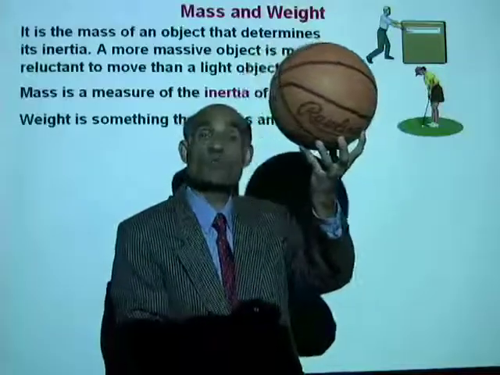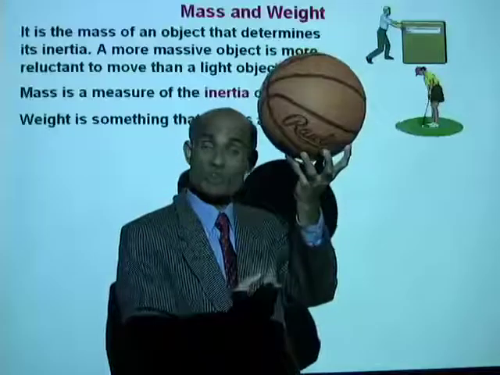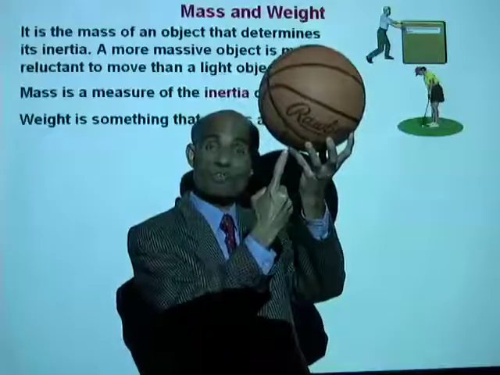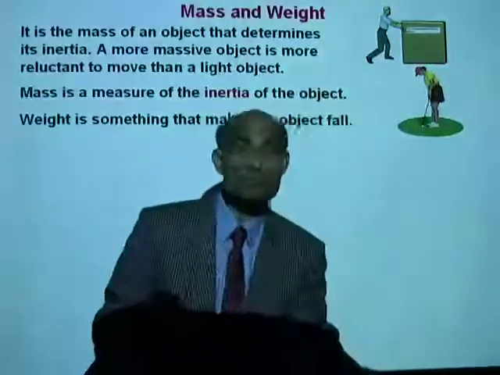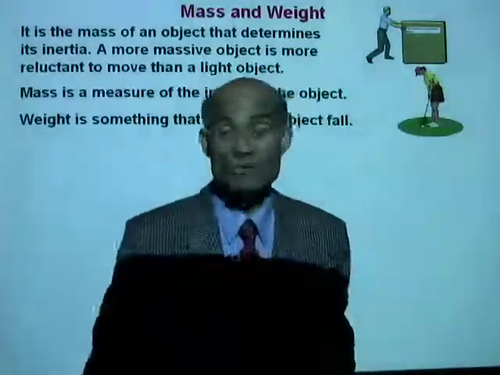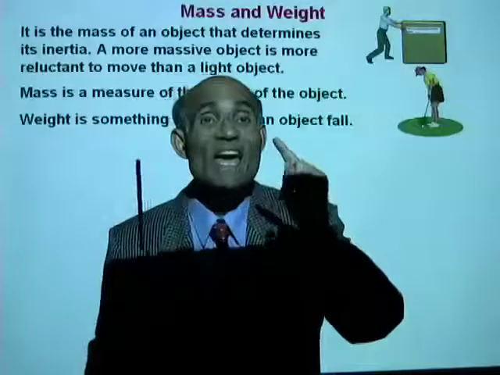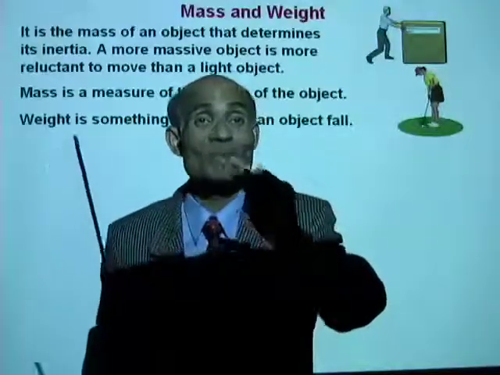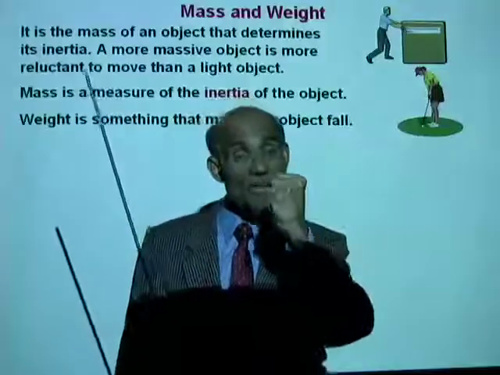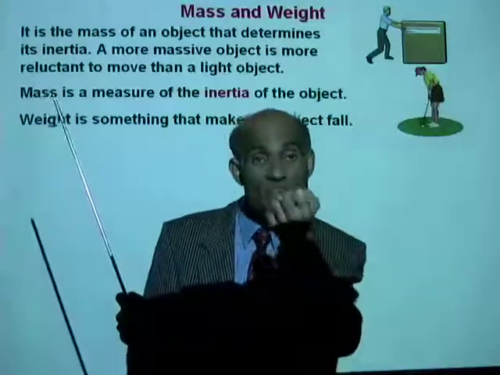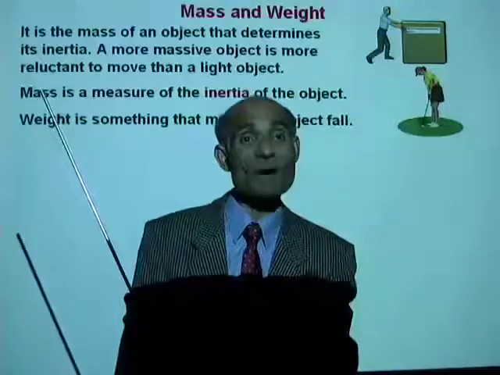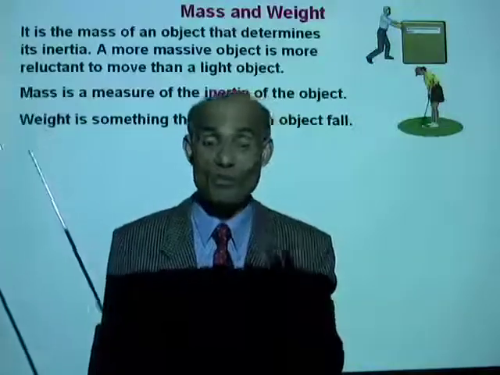It is called the force of gravity. Is that right? So it is the force of gravity acting on this object that is going to make it move. In other words, weight is a force. It is the weight that makes the object fall. And what is weight? It is the pull on the object by the earth. It's a force of gravity.